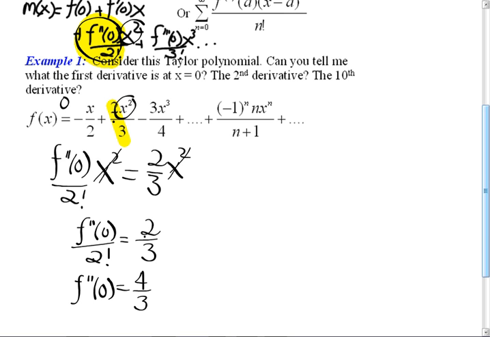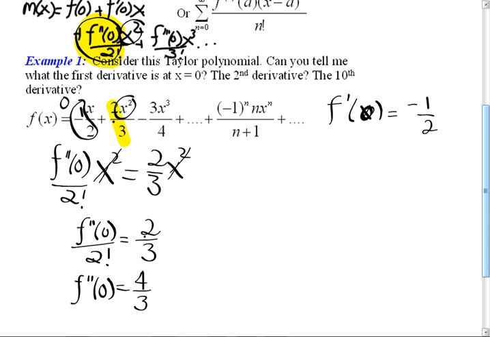I don't see a 1. What's the coefficient of x? Negative 1/2. So f prime of x is equal to negative 1/2 of 0. Sorry. Okay?